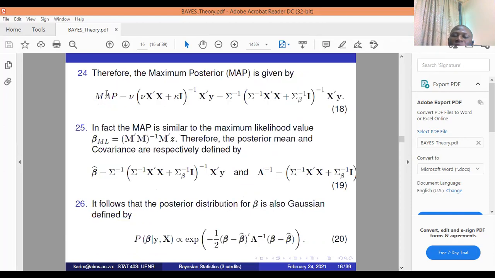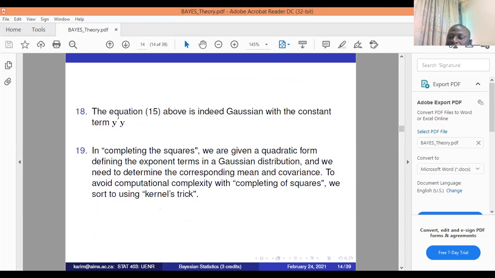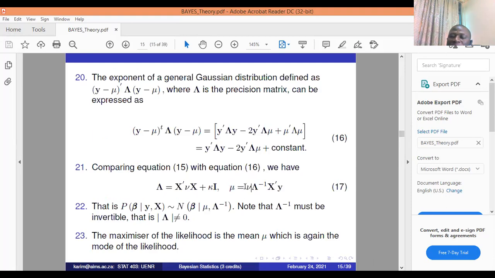Now, the maximum posterior. So now we say the mean is equal to what we have here. The mean is here. But we know that this is equal to this one here. The precision matrix is equal to this one.